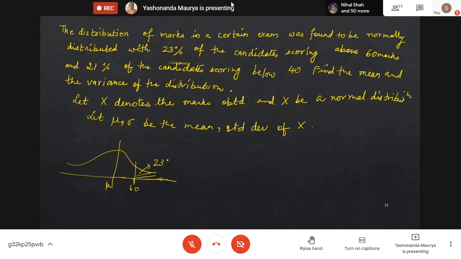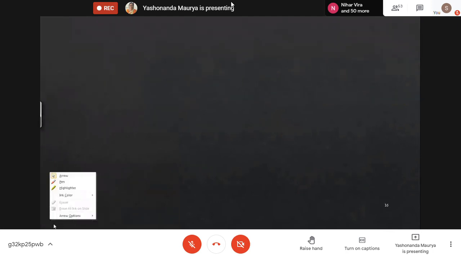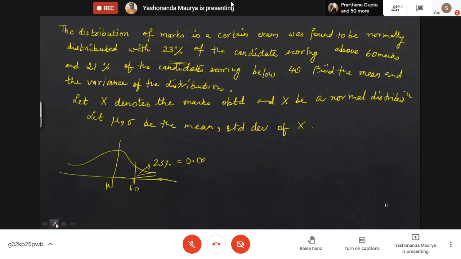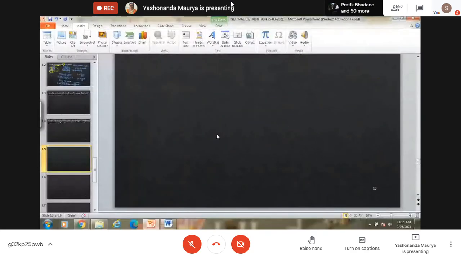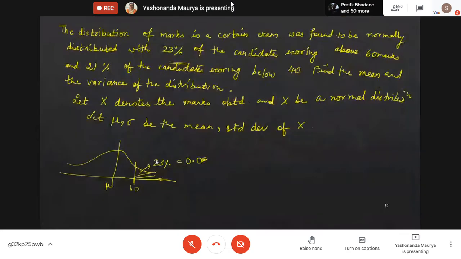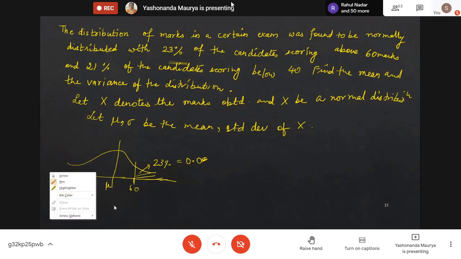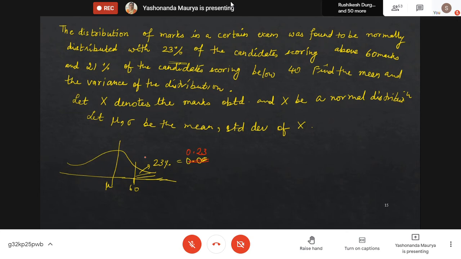There are 23%. When I write it in terms of decimals, it will be 0.23. Now it says that 21% of students are scoring below 40.